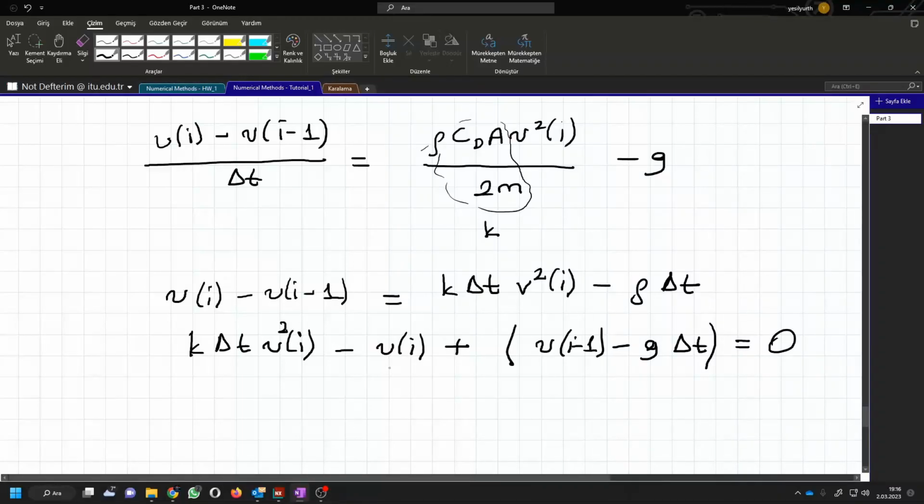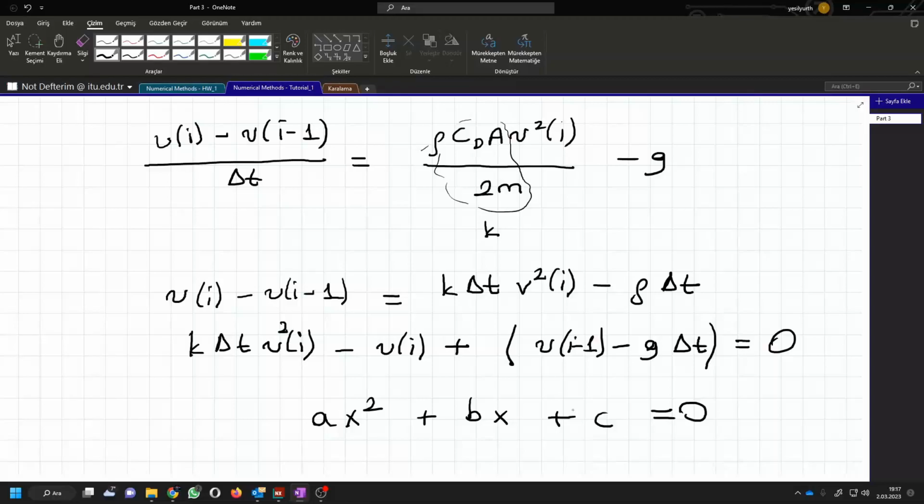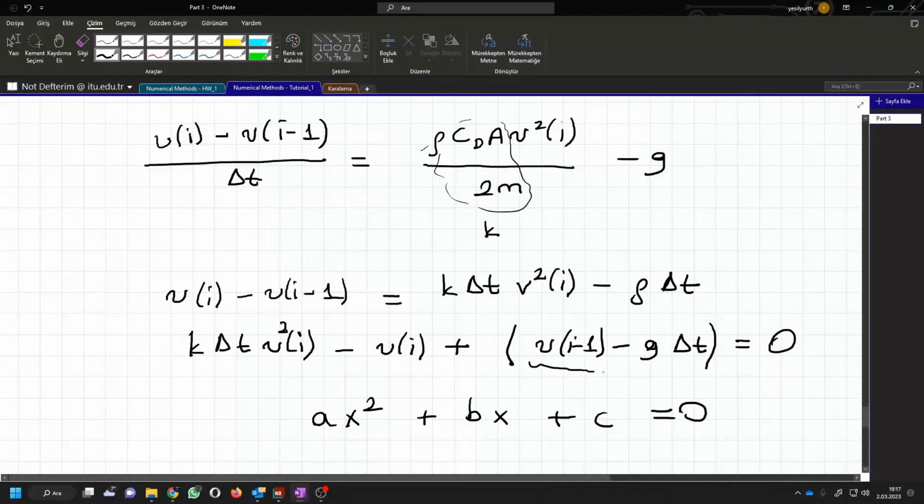So what I see here is a polynomial equation in the form of a times x squared plus b times x plus c equals to 0. Here this term corresponds to my c constant, because I know Vi minus 1.